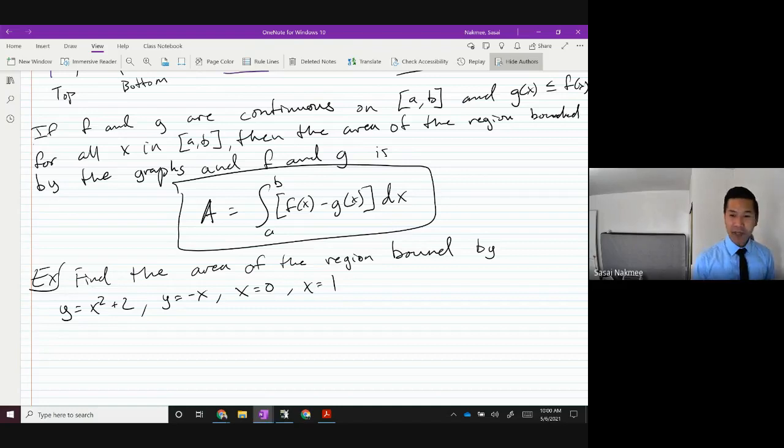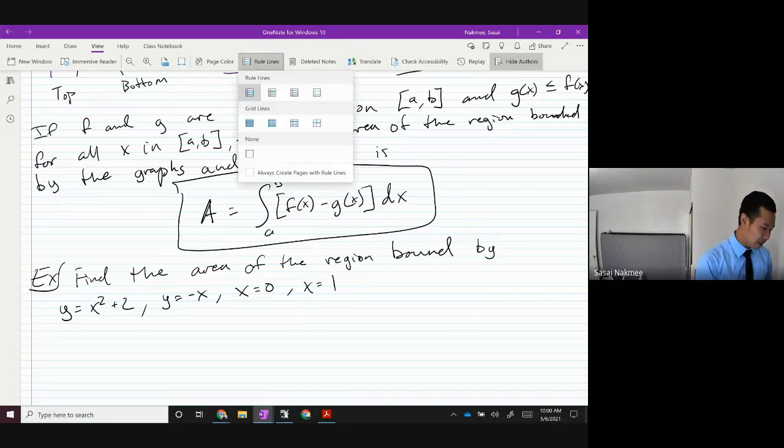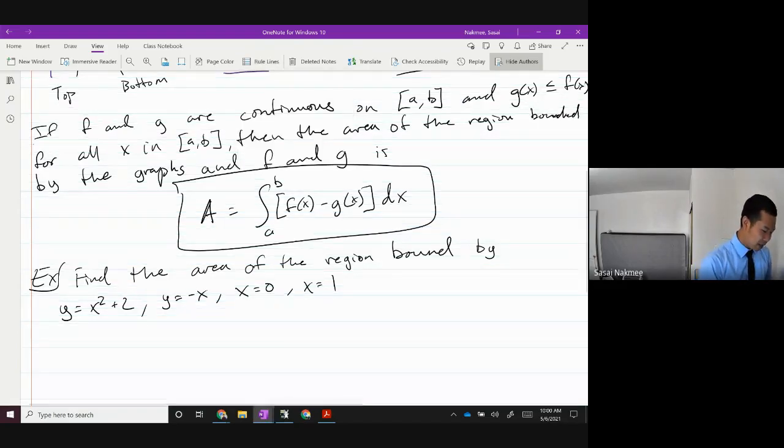Oh, by the way, for you guys going off to college, I highly suggest buying something like a tablet. Like I have a Surface Pro, which is what I'm writing on. It's super convenient, especially if you're going off to college. If you're going to do notes, I suggest you do notes like this. It's the way of the future, honestly. You can organize your notes so much easier.